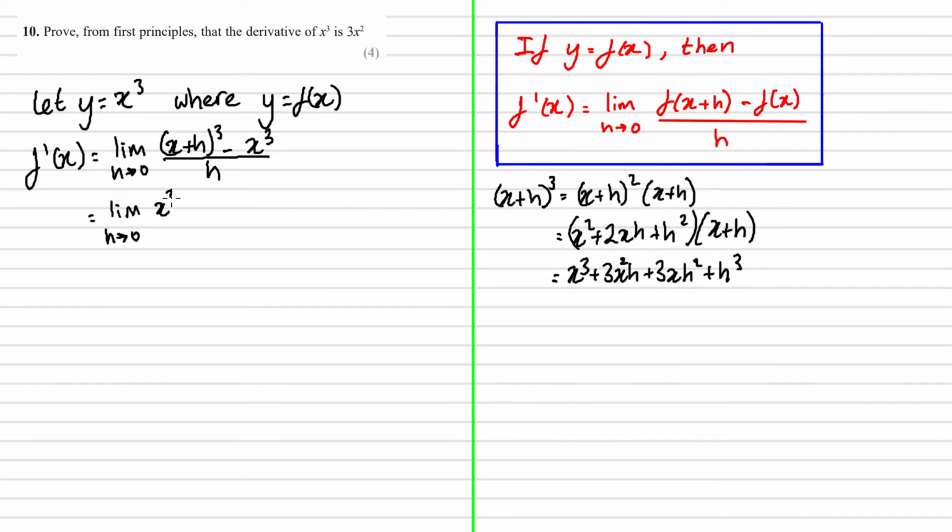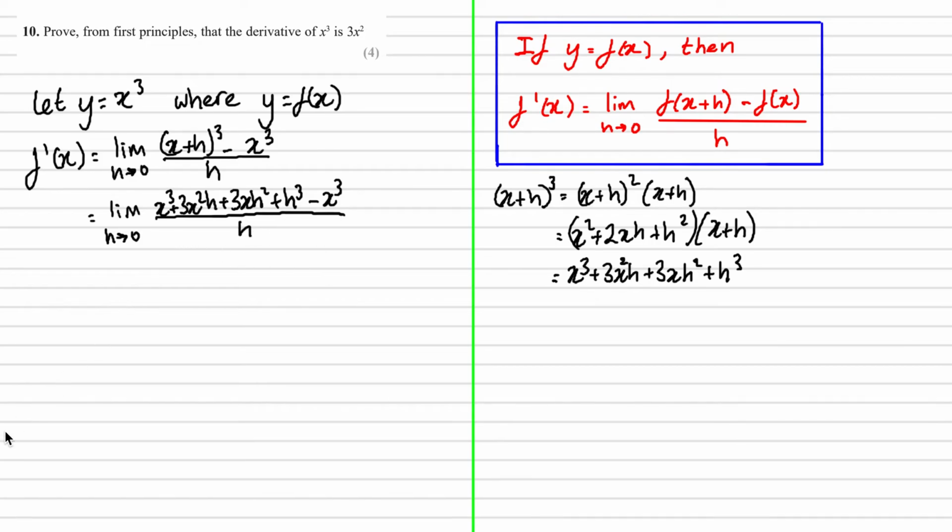So we can just substitute that back into here. This is x cubed plus 3x squared h plus 3x h squared plus h cubed minus x cubed, and this is all over h.